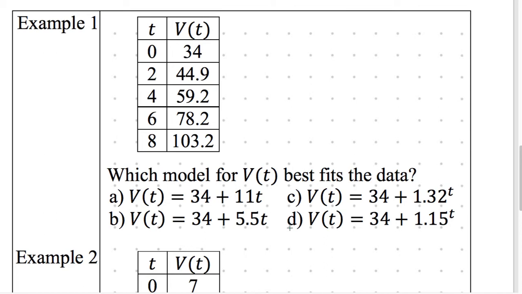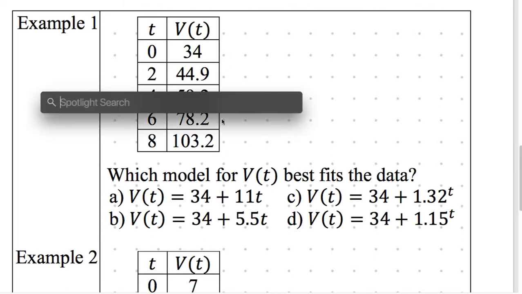Fiona, talk to me. Why did you say exponential and not linear? You can't add something that's like the same. Okay, so you're saying if I do 44.9 minus 34, that should be the same difference to get to the next value, and that can't happen.